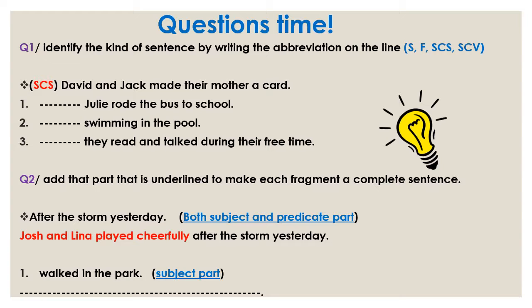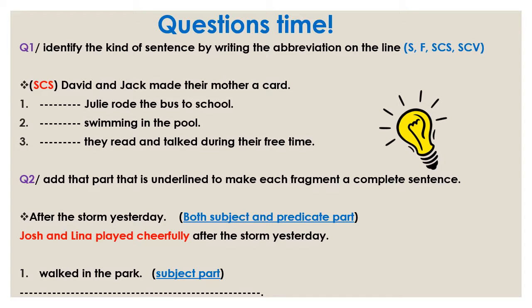Question number 2. Add the part that is underlined to make each fragment a complete sentence. So here I gave you a fragment sentence. It's not complete, right? I already did the first one. Look at it. I'm asking for both subject and predicate parts.